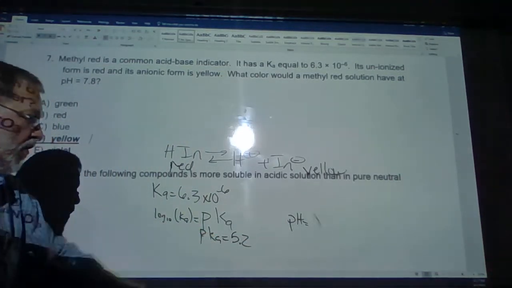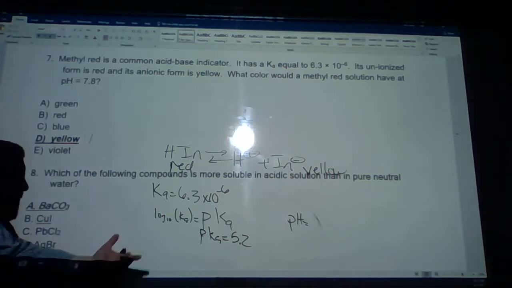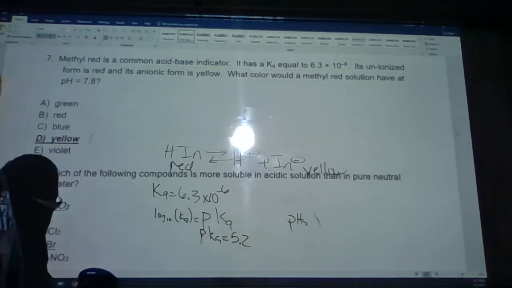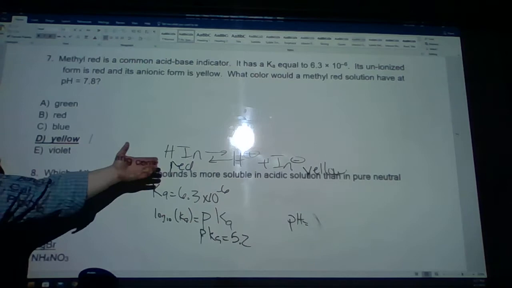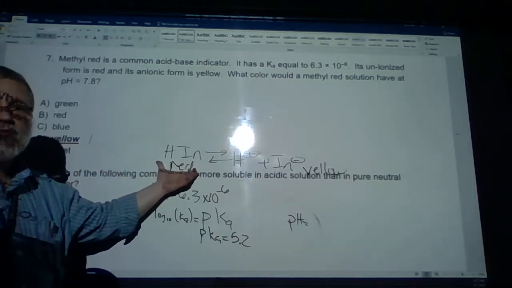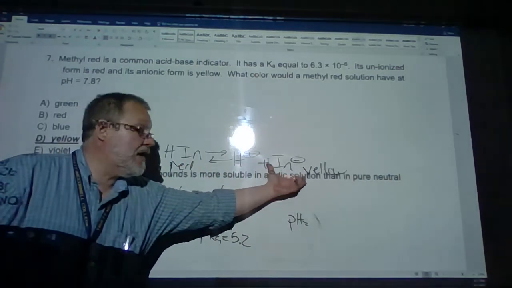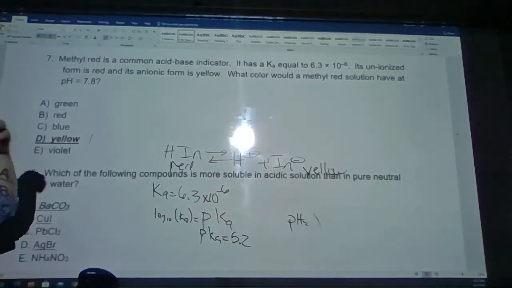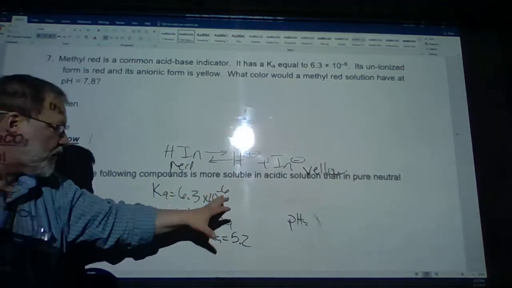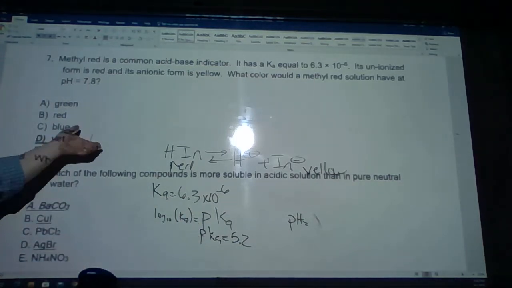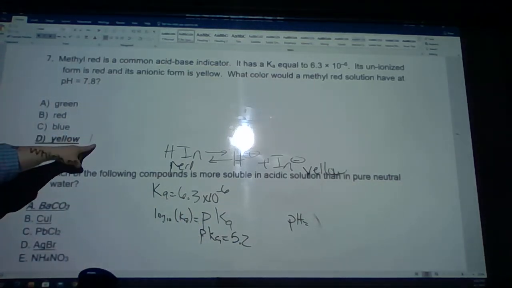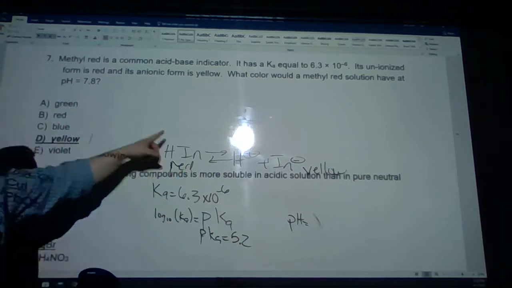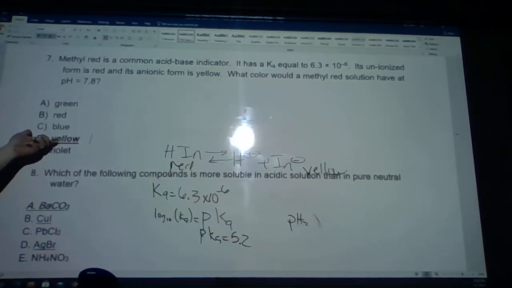This means once we get to a pH anything greater than 5.2, we're not existing in the protonated form. We're existing as the ionized form. Therefore, once we reach a pH of about 5.2, it's starting to change from red to yellow. Since we're at a pH of 7.8, we're in the yellow form.